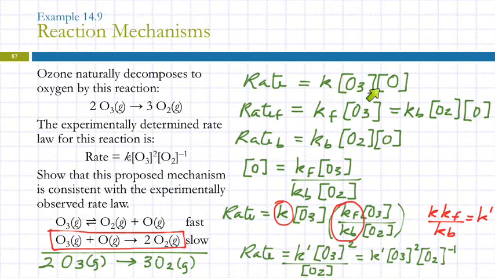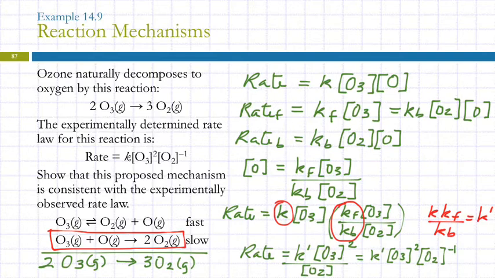So we're looking at the rate law predicted by the second, the slow step. Right? So we've got this concentration times a constant. But we can't really say, just looking at it, that this is the same as that, because it's got different stuff in it. It's not the same. So this can only be a good mechanism if we can do this business and show that it is equal to the observed rate law.